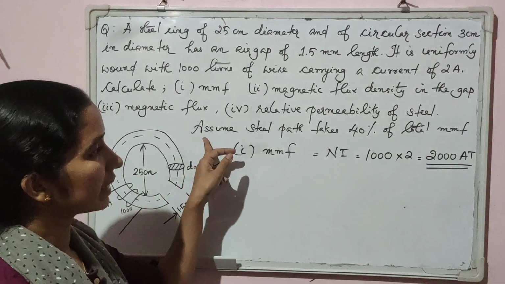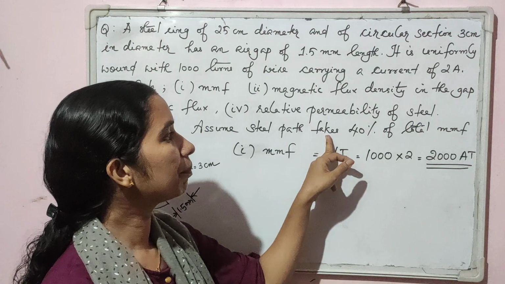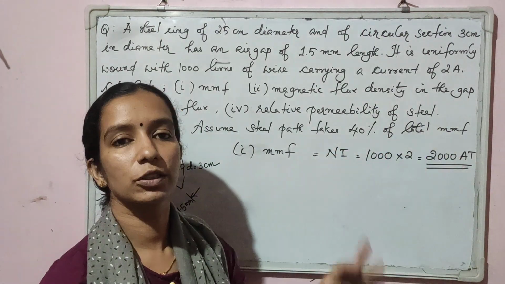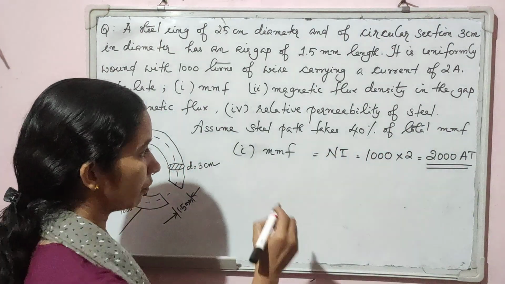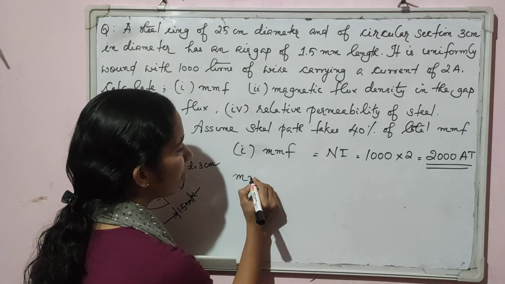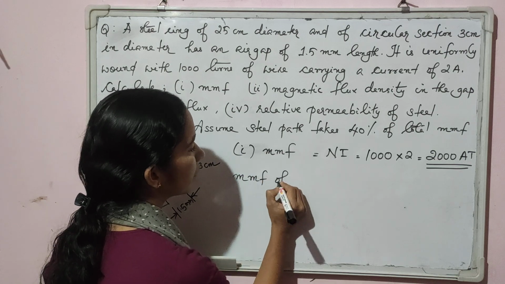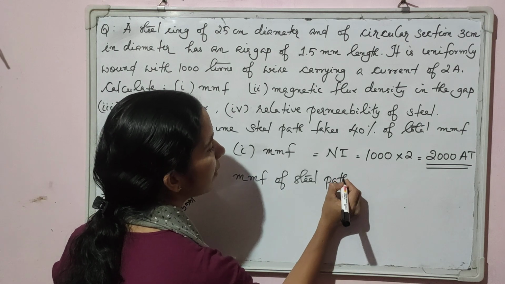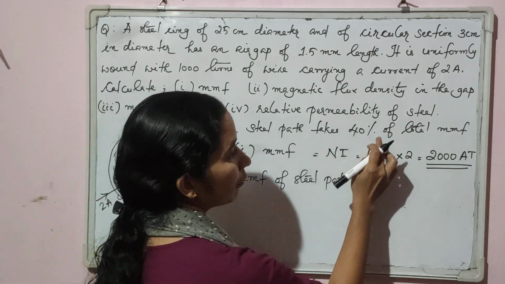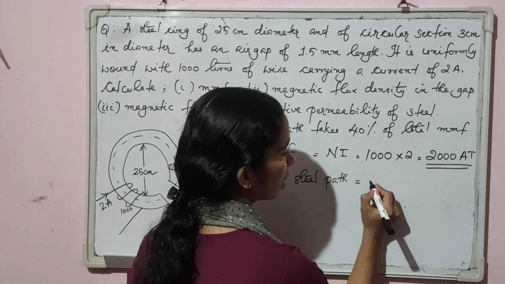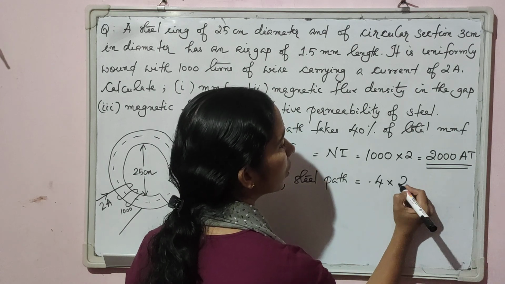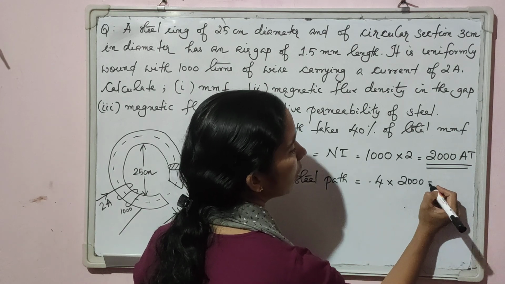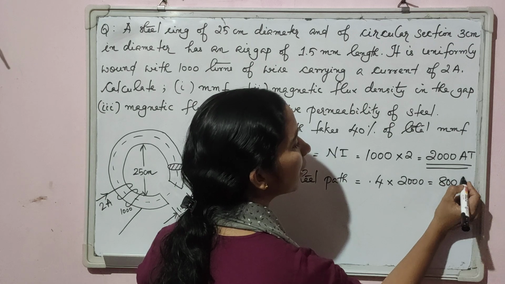Now in the question it is given that the steel path takes 40% of the total MMF. So we can write MMF of steel path is equal to 40 percent of 2000, that is 0.4 into 2000, which is equal to 800 ampere turns.